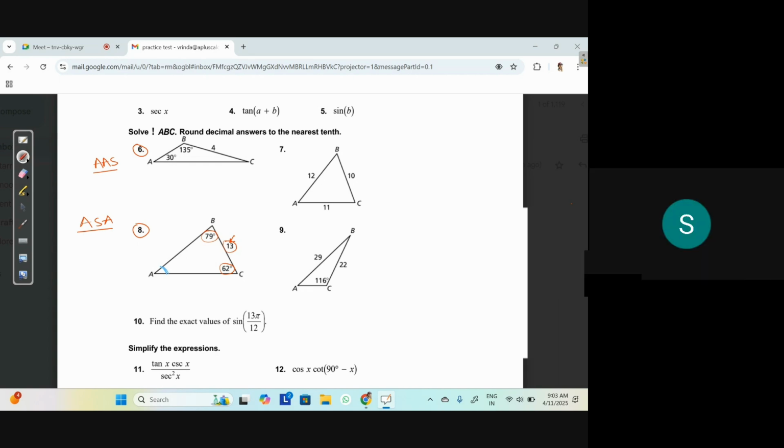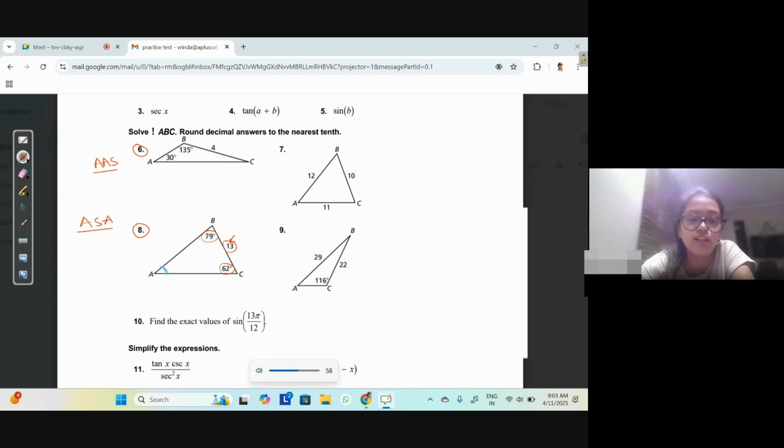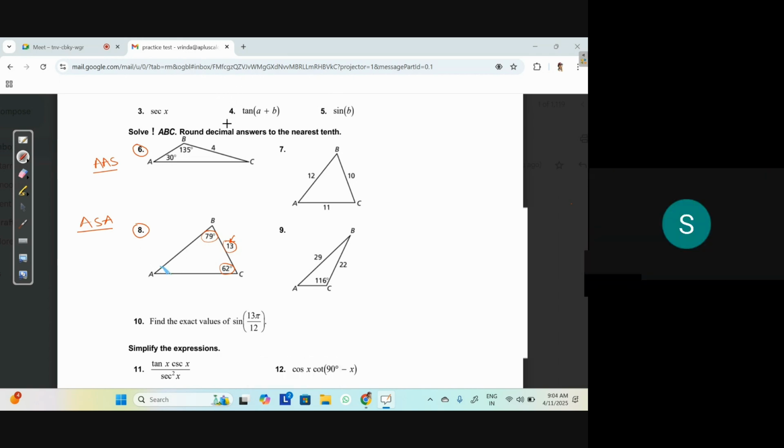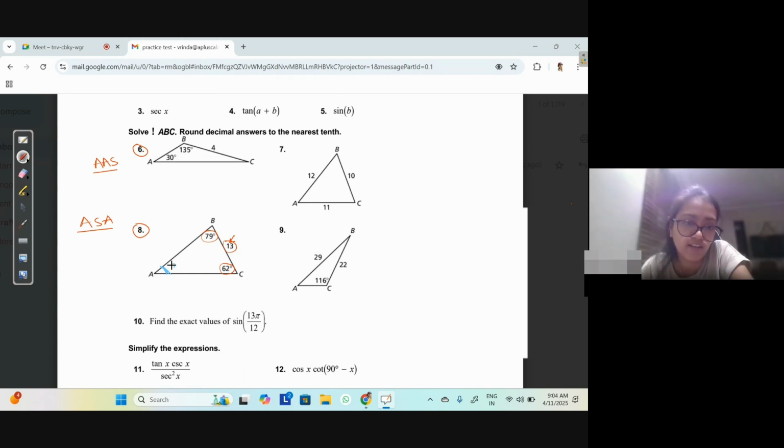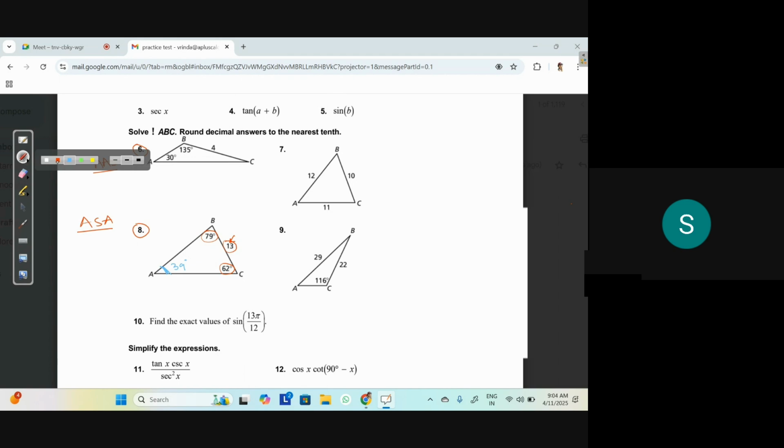We'll use law of sines later, but first you can find out angle A without using law of sines. Angle A is 39.